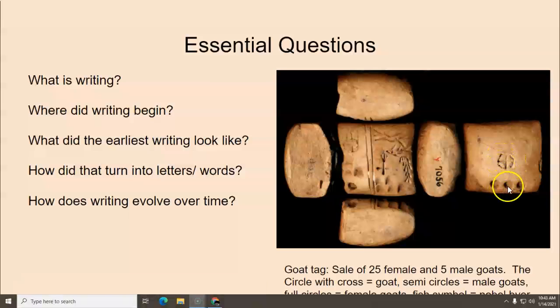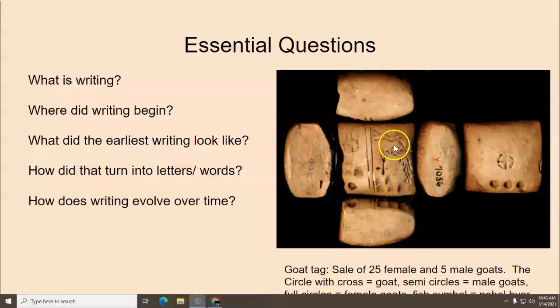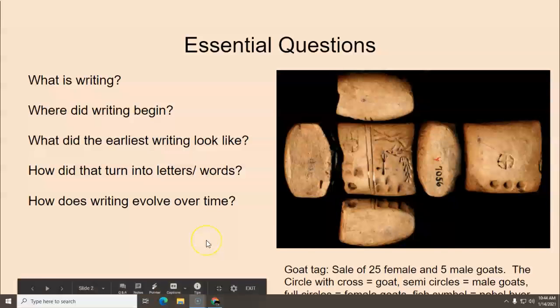The circle symbols are females, and they go all around, they're on the sides, and there's 25. And then these are the 5 male goats. Because there's a fish here, that showed that somebody who was noble was buying these goats. And obviously this number is the asset tag for the museum.